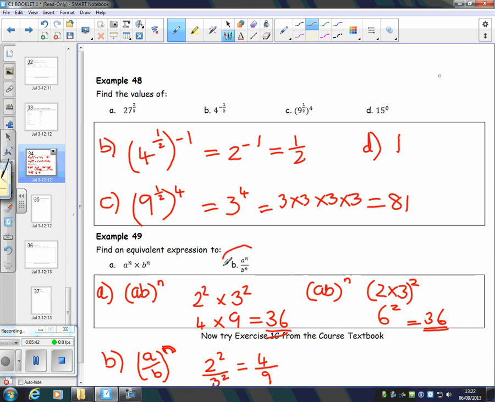So that was using A to the power n over B to the power n. Let's look at our equivalent expression. If A was 2, and B was 3, n was 2, so we're going to square 2/3. When we're squaring a fraction, we square the numerator, 2 squared is 4, square the denominator, 3 squared is 9. Both of those expressions give us the same answer.